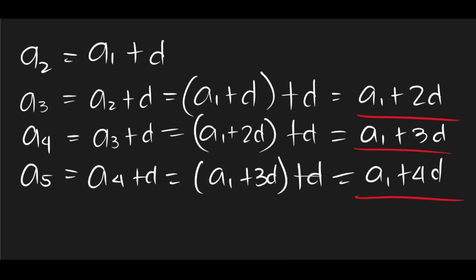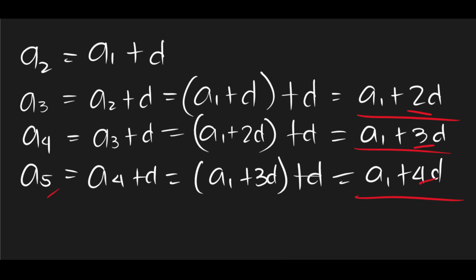In order to determine our formula, we just need to determine the relationship between this multiple and the term indicator here, 3. As you can see, this 2 is 3 minus 1, and then 3 here is 4 minus 1, and 4 here is 5 minus 1.